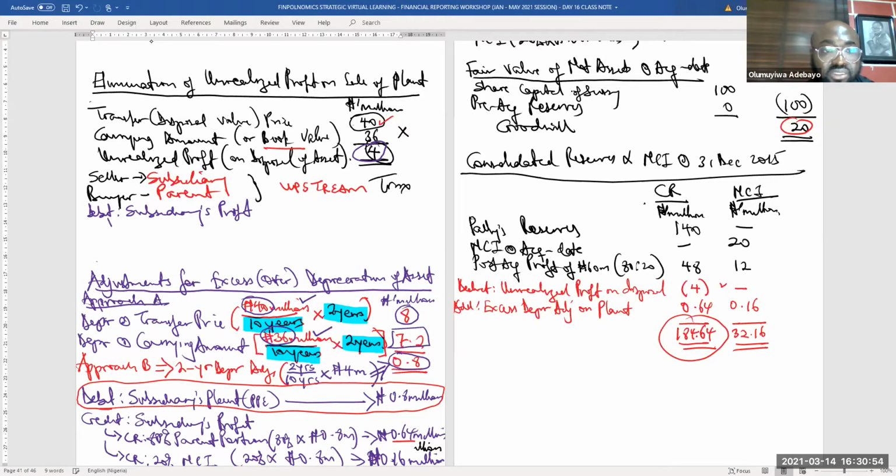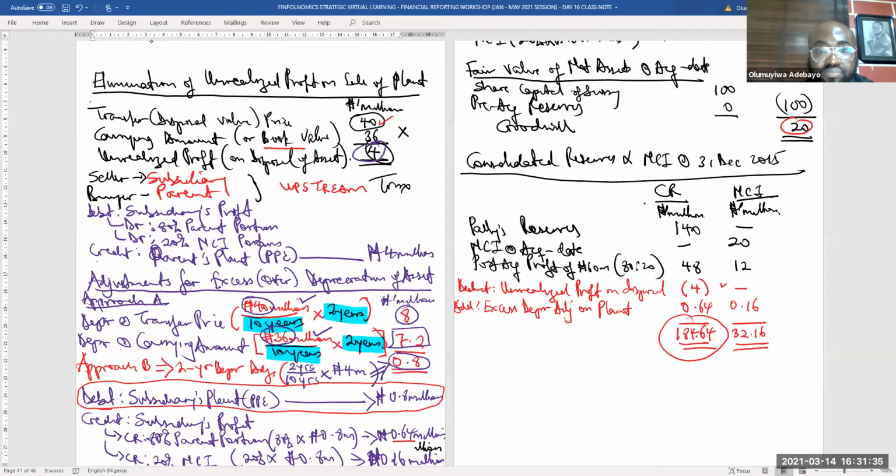Remember the profits of the subsidiary will eventually affect the parents: 80% parent portion, 20% NCI's portion, and the entire credit is a reduction in the parent's plant, which is an item of PPE. How much? The 4 million naira.